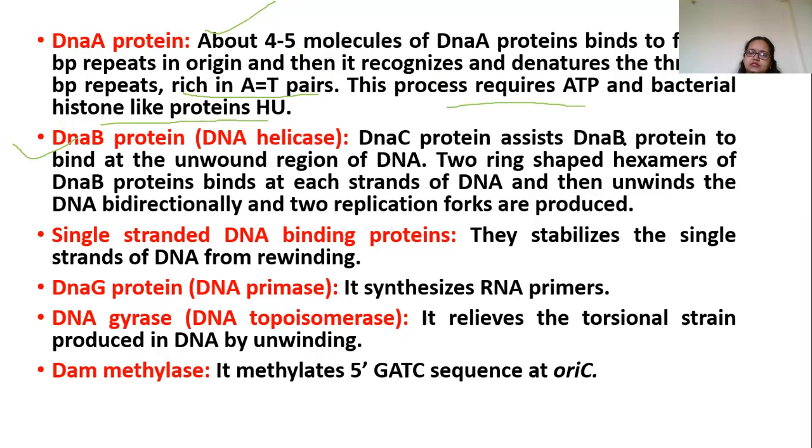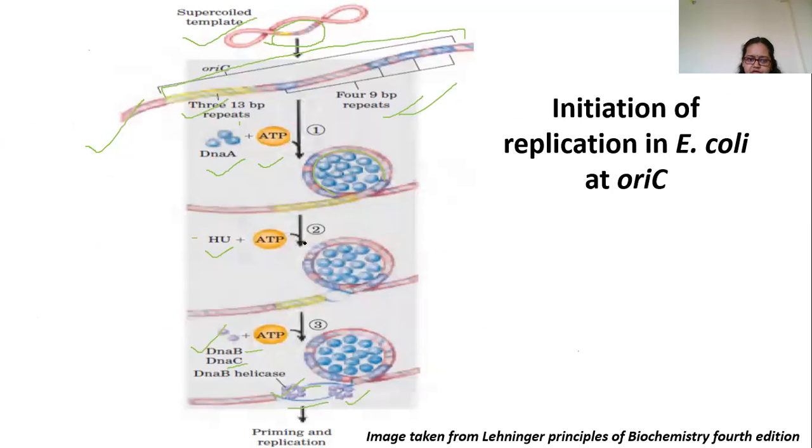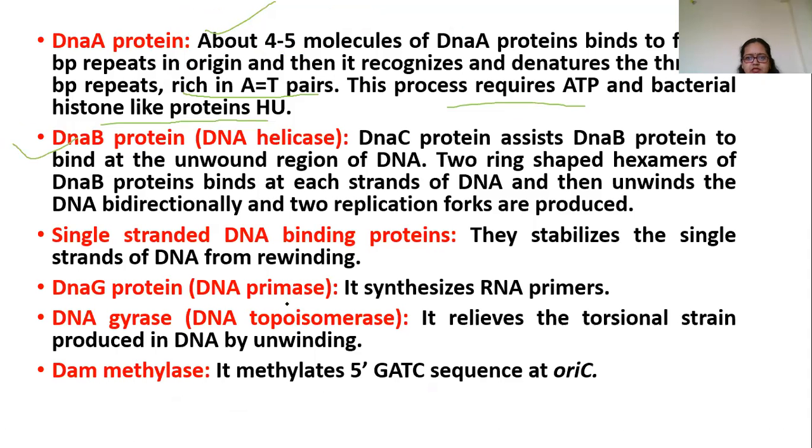DnaC protein assists DnaB protein to bind to the unbound region. Here you can see DnaC is helping DnaB to bind to this unbound region. This process also requires ATP. So two ring-shaped hexamers of DnaB proteins bind at each strand of DNA and then unwind the DNA bidirectionally, and two replication forks are produced.